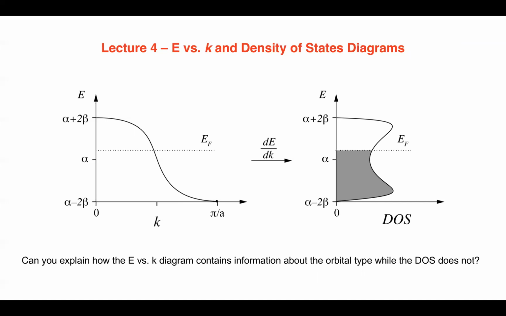If it's a totally filled band, the Fermi energy might be all the way at the top of the band. If it's a metal, like is depicted here, where the Fermi energy is in the middle of the band, you'll find it at some intermediate value of k. Okay, so the density of states plot, you're used to thinking about these things filling up. E versus k, you can also show how the Fermi energy lands within the band of possible orbital states.